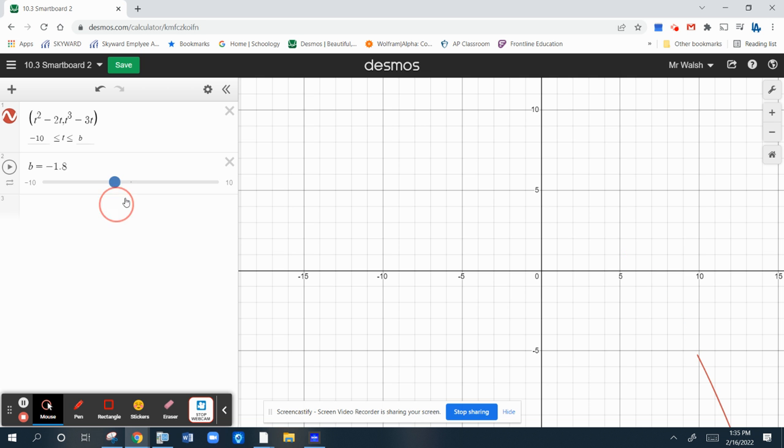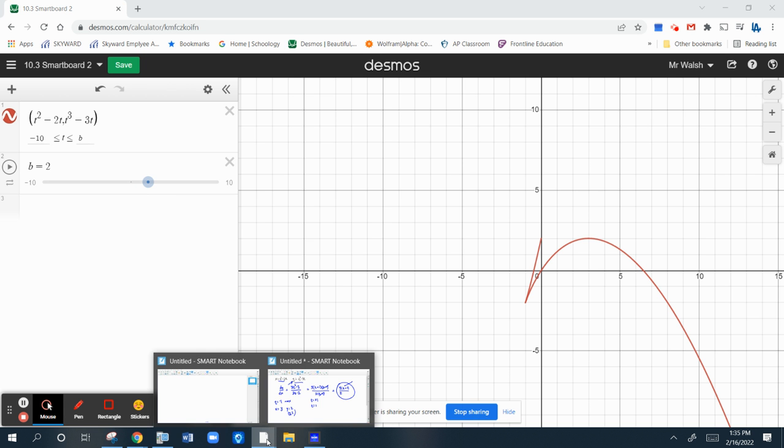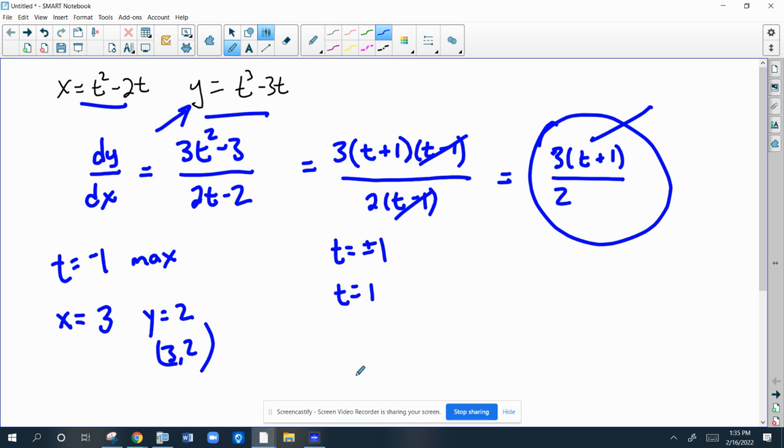Now that place where it's unsmooth, let's figure out what those x and y coordinates are. That's the same thing. We figured out it was unsmooth at t equals 1, where the derivative is also undefined. So unsmooth, undefined derivative.